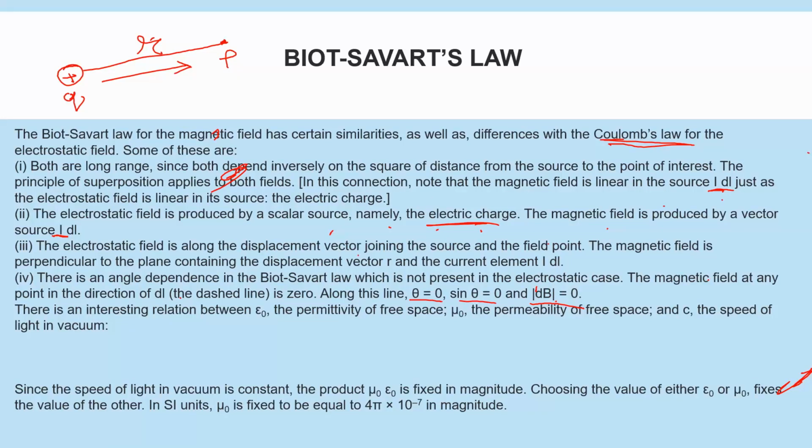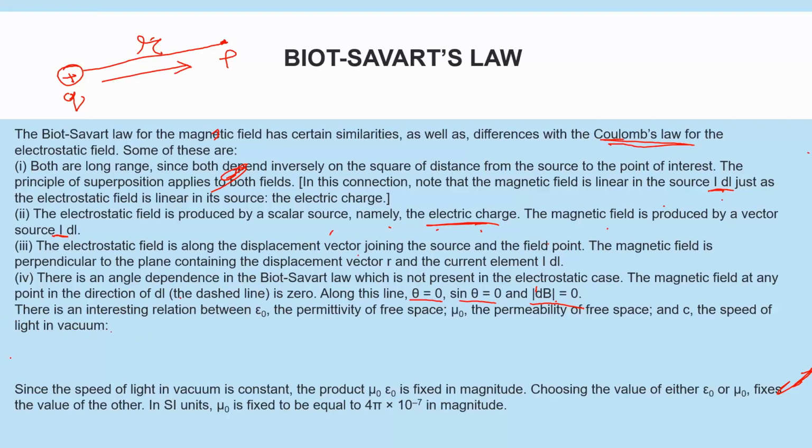So magnetic field at any point in the direction of the line element of the current carrying wire will be 0. This relation we can use to find the values of the constant of proportionality, or the permittivity and the permeability of free space.